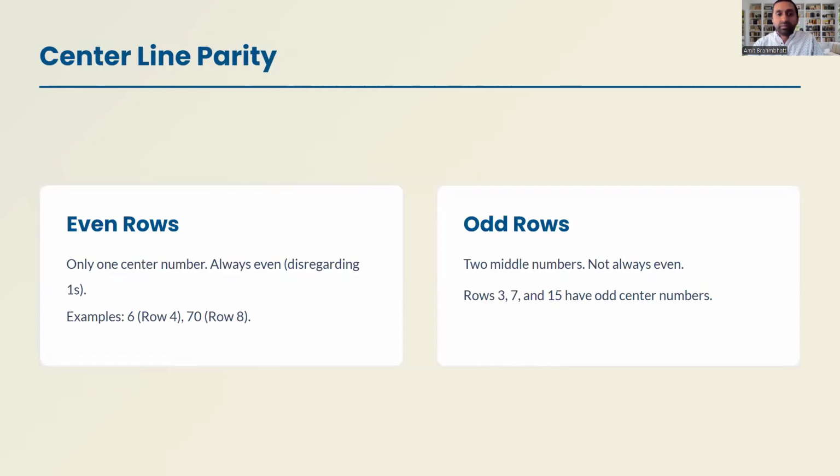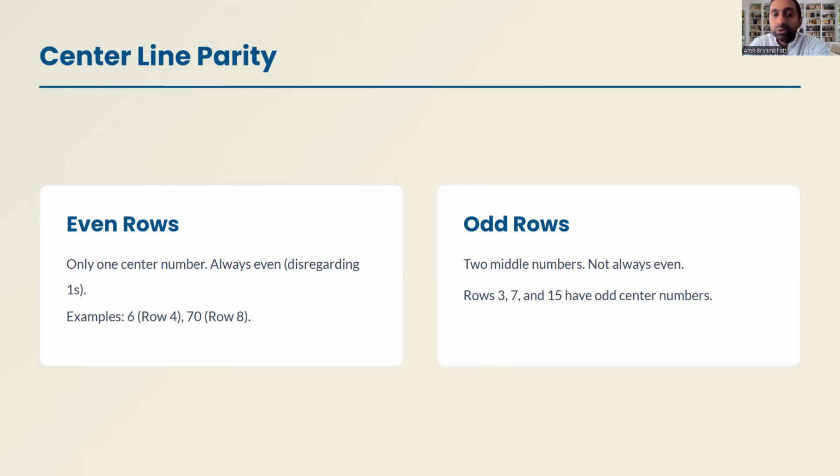Centerline parity. Let's look at the central column of Pascal's triangle, the central binomial coefficients. There is a distinct difference in behavior between even and odd rows. For even index rows, there is a single unique middle number, and it's always an even integer, excluding the top one.